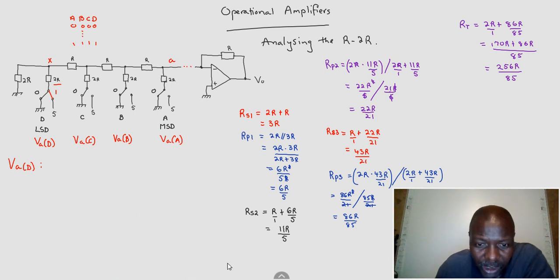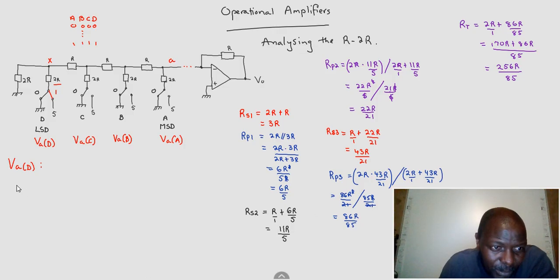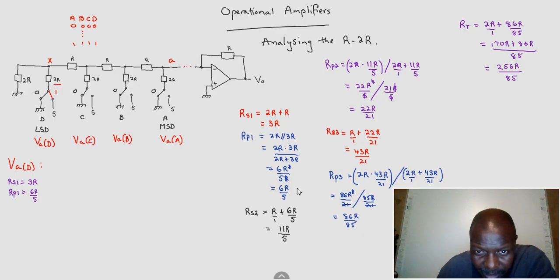Okay, now I can list my values, because I think I'm going to need that space to recalculate. What was my RS1? It was a simple sum, which was 3R. If you can't remember, you can revisit how this was all done. What was my RP1? It was 6R over 5. I'm just consolidating my results here.